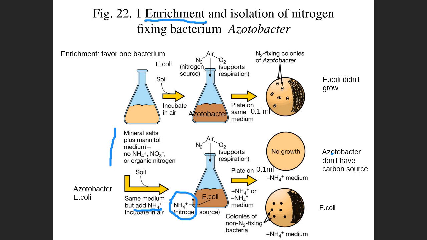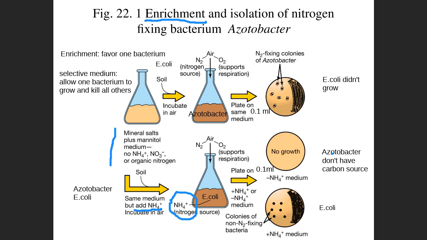Okay, so to answer Melody's excellent question, there's a difference. The difference between enrichment versus selective is that in enrichment you provide the favored conditions for one bacteria. That's your favorite. But you don't care about the others. You don't kill E. coli in this case. However, for selective media, you create a condition that only allows one bacteria to grow.